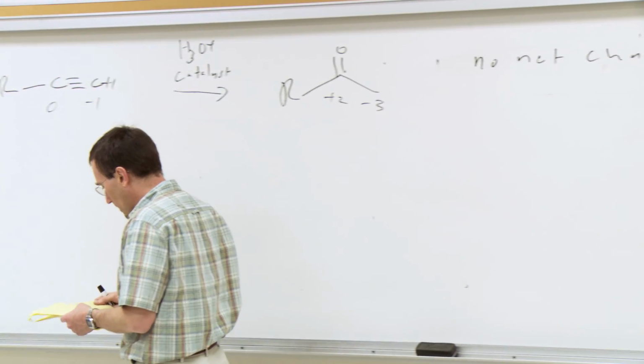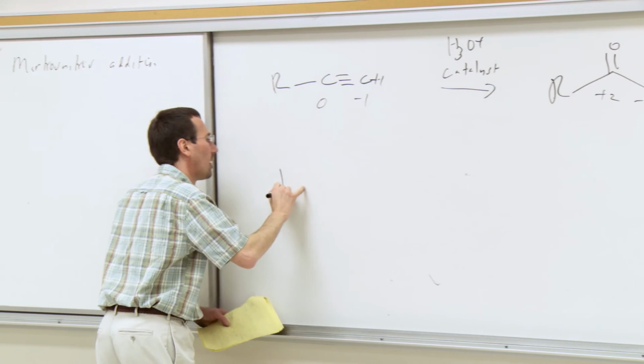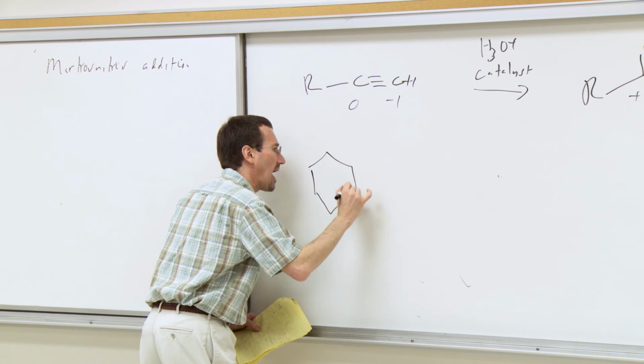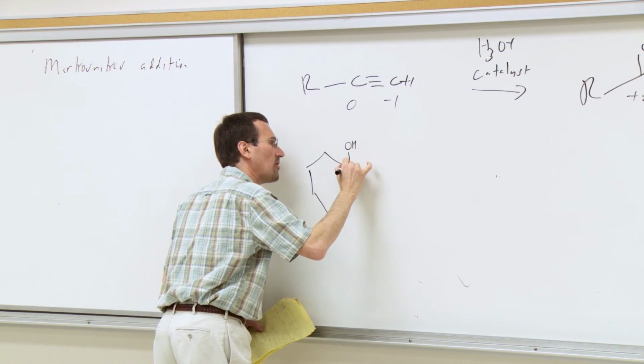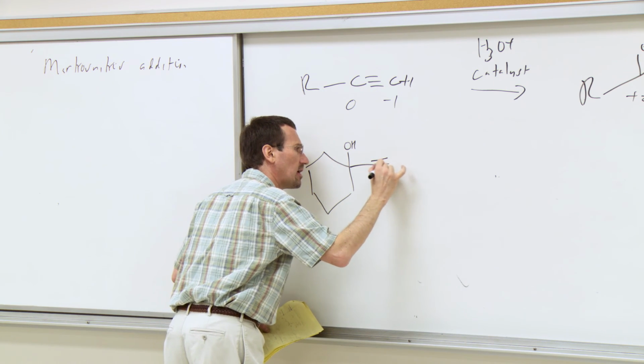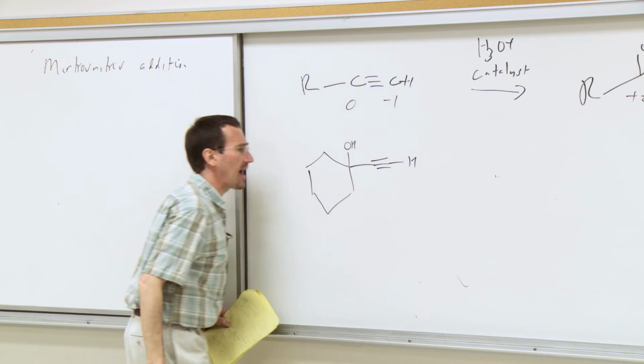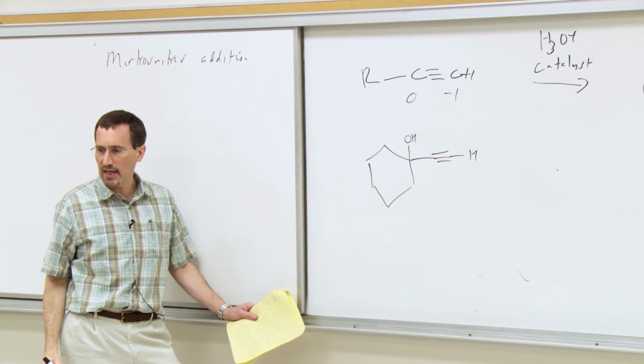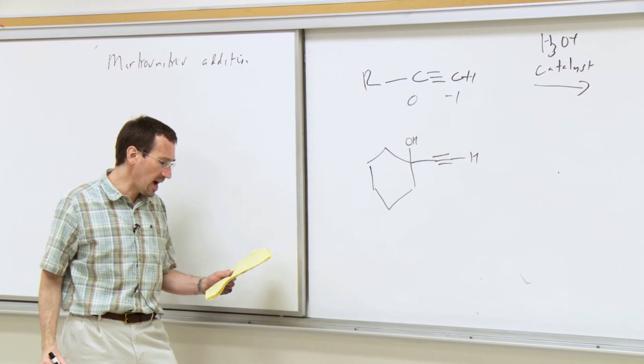Mercury salts of various forms are a good catalyst for this reaction for the same reason that mercury promotes oxymercuration reduction.